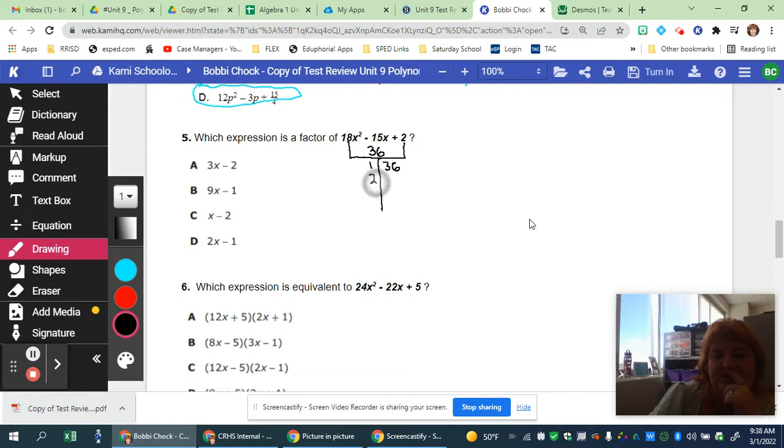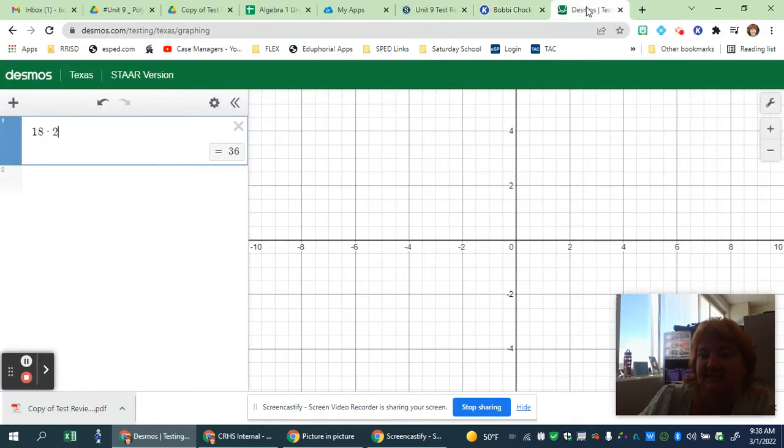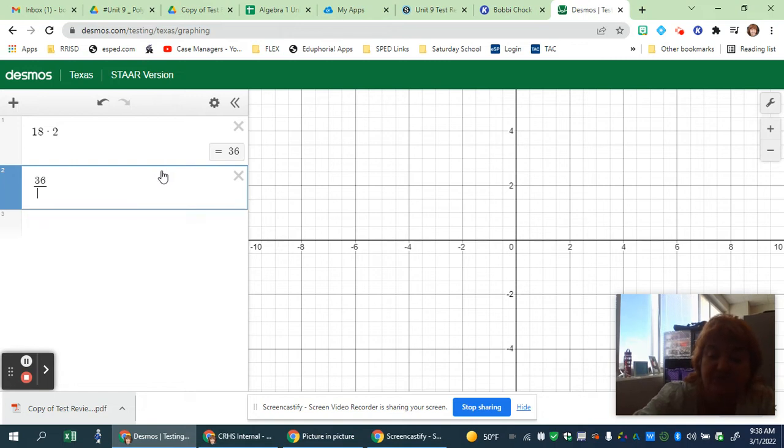Okay, what about 2 and what times 2 equals 36? Well, we just did it, 18. Can I get to 15 from 2 and 18? No. Okay, so now we're just going to use our calculator. What about 36 divided by 3? 36 divided by 3, 12.